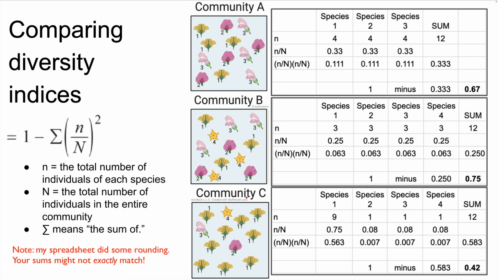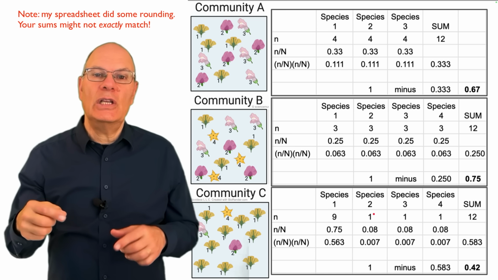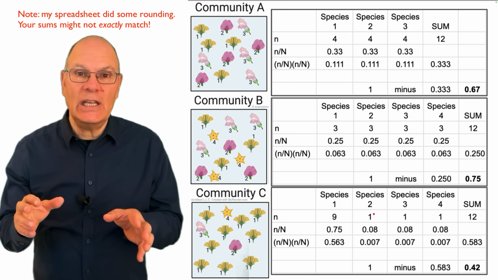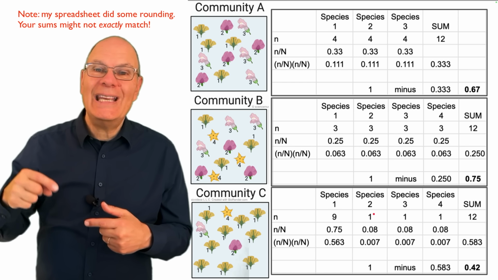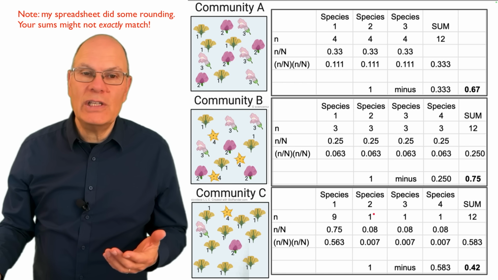So we see that community C, even though it has 4 species, has a lower diversity than community A, and that's because it had very low species evenness. So we can see how by analyzing each of these communities using the Simpson Diversity Index that community B has the highest diversity, 0.75.